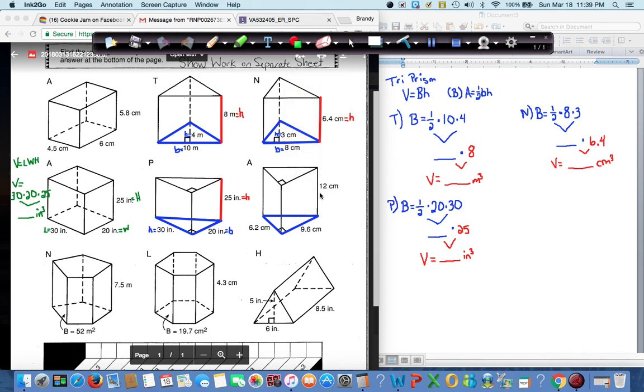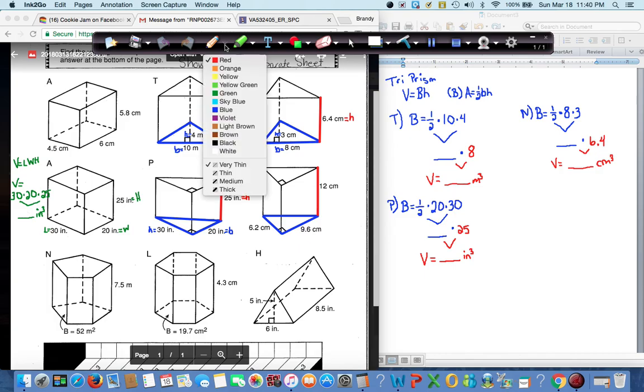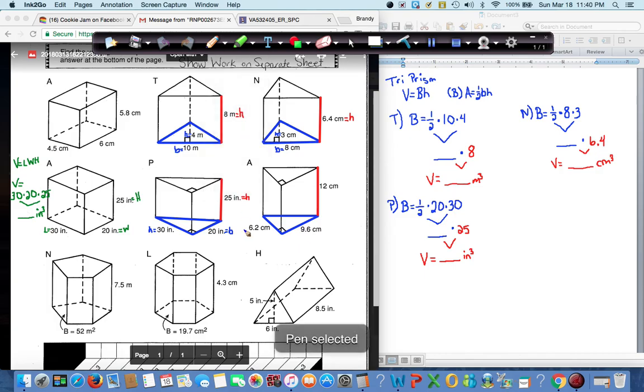And then we have 12 centimeters over here. That's the height of the prism. That's the last one we're going to use. So let's go ahead and label our things. We have our little height right here and our little base over here. And then we're going to have the larger base here.